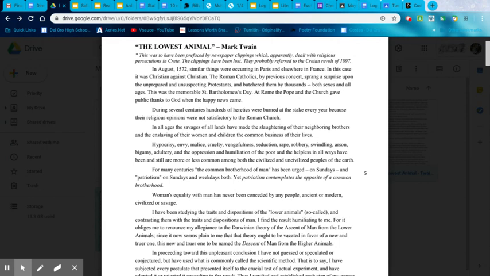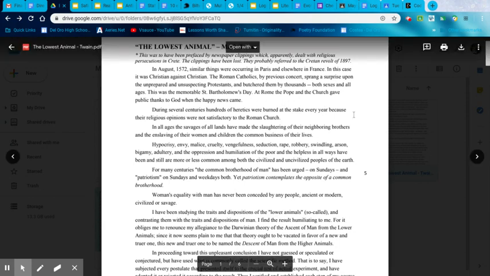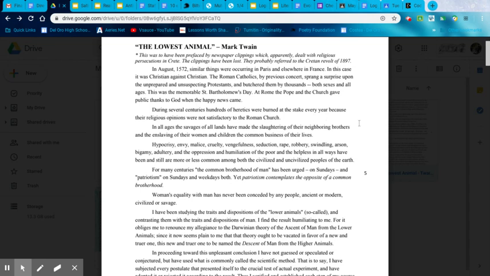During several centuries, hundreds of heretics were burned at the stake every year because their religious opinions were not satisfactory to the Roman Church. In all ages, the savages of all lands have made the slaughtering of their neighboring brothers and the enslaving of their women and children the common business of their lives. Hypocrisy, envy, malice, cruelty, vengefulness, seduction, rape, robbery, swindling, arson, bigamy, adultery, and the oppression and humiliation of the poor and the helpless in all ways have been and still are more or less common among both the civilized and uncivilized people of the earth.